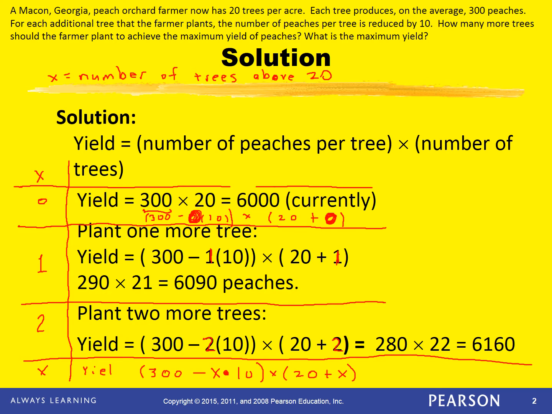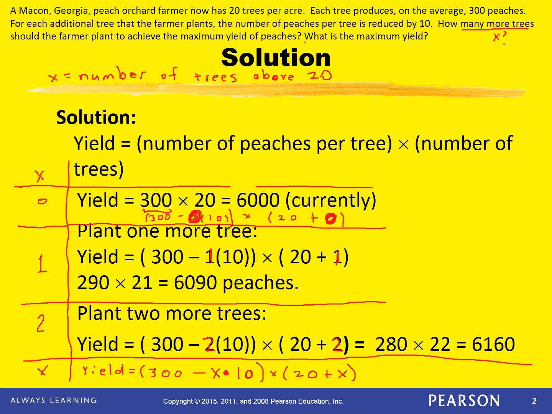And that is going to be a function for the yield in terms of x, which we're going to use to figure out what is the best x to use. And when you do that, how many peaches do you get out of it? What's the yield, right? Because that's the question.